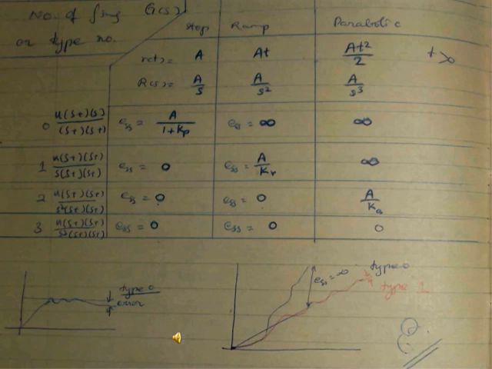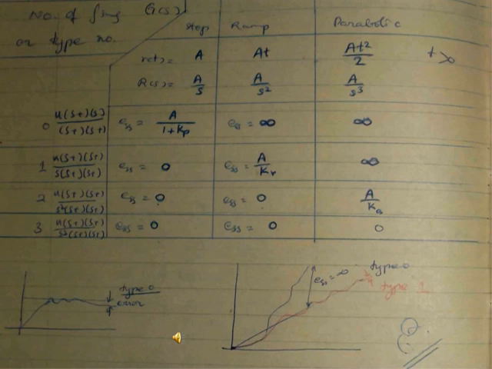And for the type 2 system, for the step function e_ss is 0, ramp function e_ss equal to 0, and the parabolic function, so that will be e_ss equal to A by K_a. And then type 3 system, you see the equation, and for the step function, e_ss equal to 0.